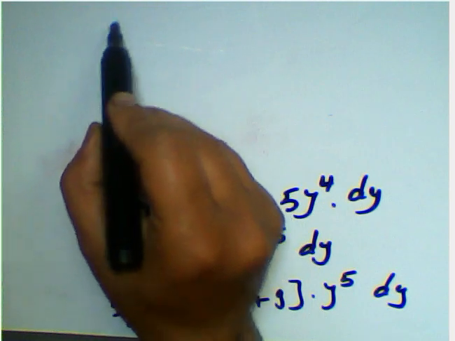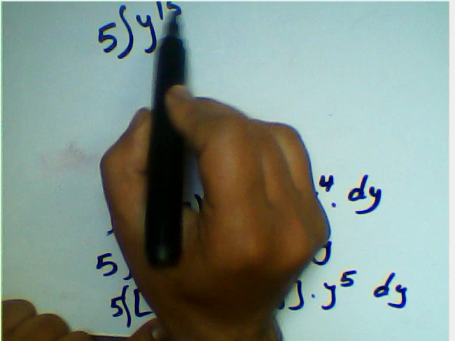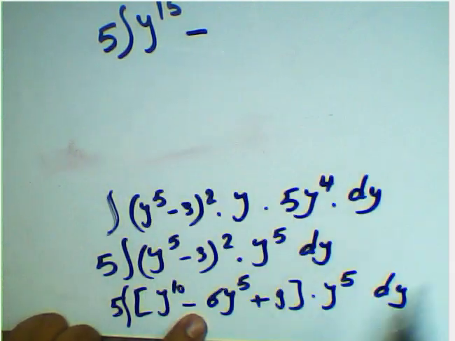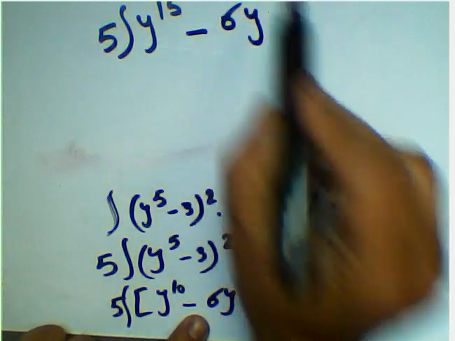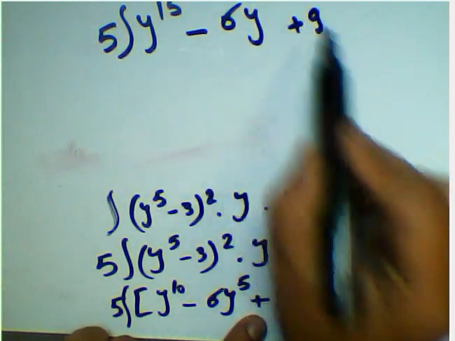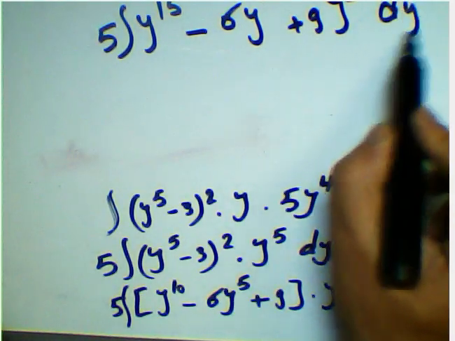Write 5 outside: integration of y power 15 minus 6y power 10 plus 9y power 5 dy.